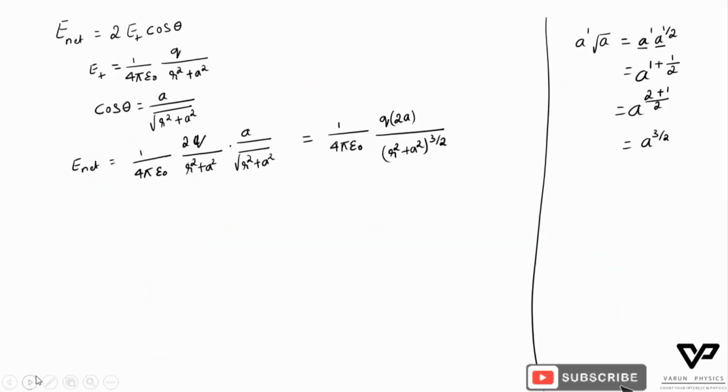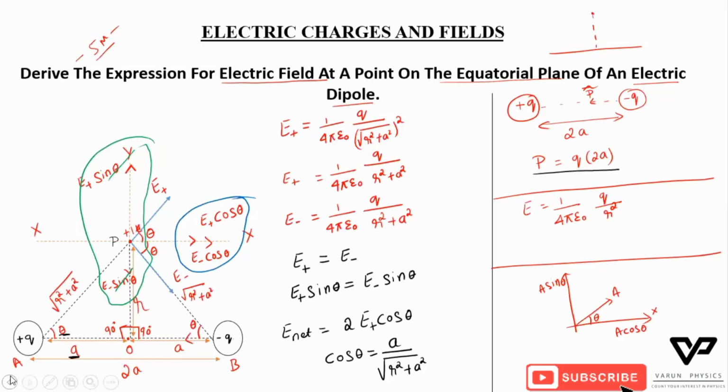Therefore, I am just replacing that: E net is equal to 1 by 4 pi epsilon naught, Q into 2A, which is nothing but my dipole moment P, divided by R square plus A square to the power of 3 by 2. Now it's time to write the direction, because we have to write it in vector form.